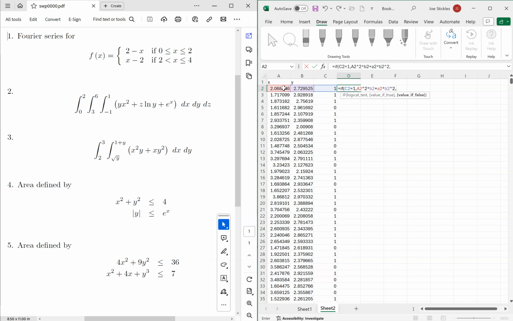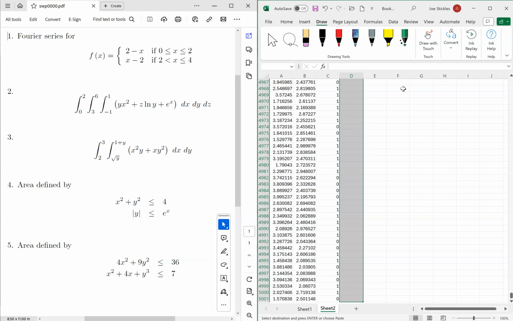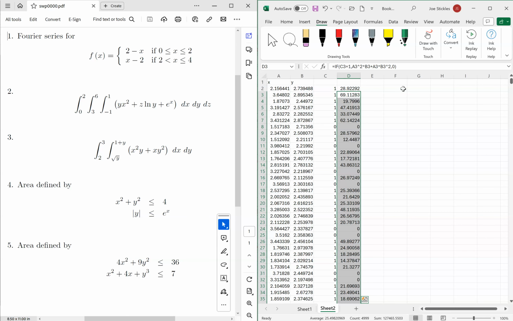If my point's not in the region, then I by default use a function value of 0 because I don't want to count that as any, if you think about it as volume under surface again, I don't want to count that as any volume. So if the point's in the region, then plug the point in, otherwise use 0. Copy and paste all the way down again, just like we have before.